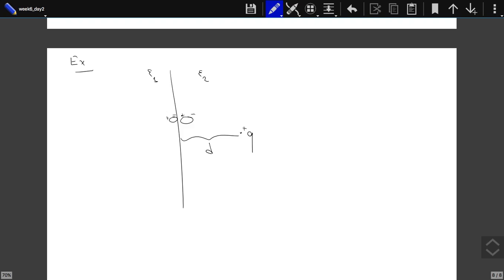A charge in region 2 will see the plus Q charge, and assuming the first medium is more polarizable, it will also see this negative surface charge at the interface. That is what a charge over here will see. So one guess could be that, as in the case of the conductor, this surface charge acts like an image charge on the other side.